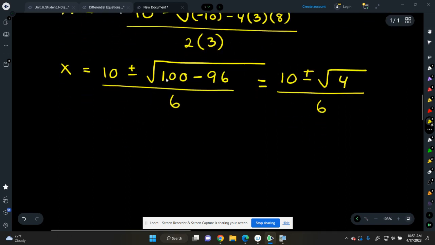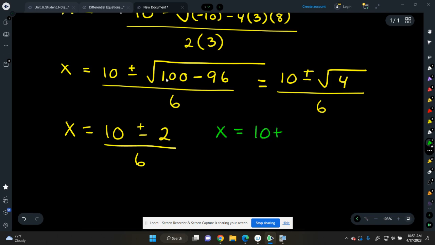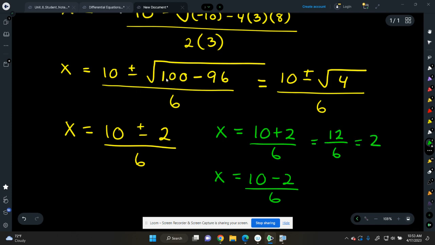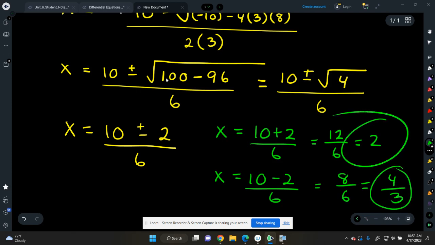Take the square root, 2. x equals 10 plus or minus 2 over 6. So that means I have x equals 10 plus 2 over 6, and x equals 10 minus 2 over 6. So we get 12 over 6, which is 2, or 8 over 6, which is 4/3. And there we go.